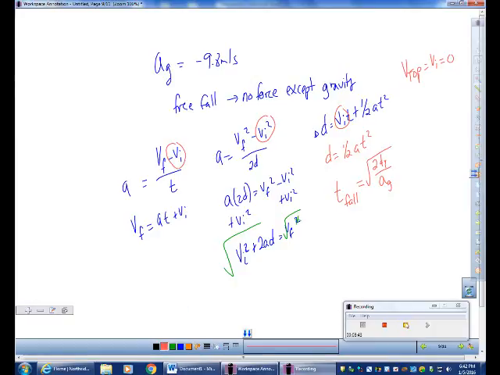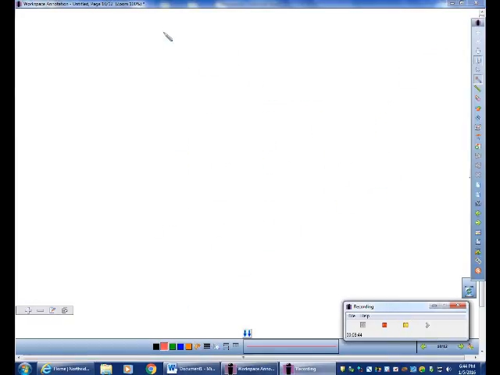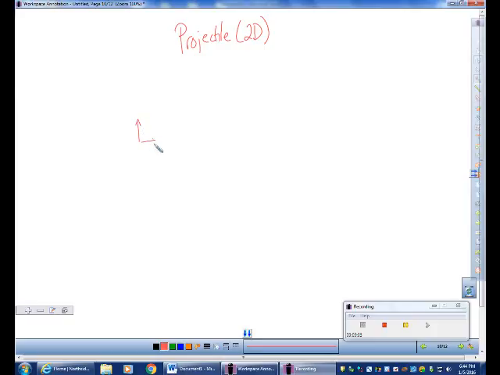If things are falling, but not only due to gravity, then they're not necessarily in free fall. When we have multiple directions of motion, we have what we call a projectile. We're having 2 dimensions of motion. So here I could be rising while moving forward, and I'm going to slow down while still moving forward.